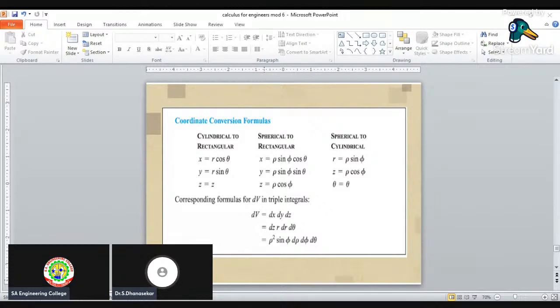The whole content for this class I'm taking from Stewart Calculus. If you want to understand the basics of multivariable calculus and basic differentiation and integration, we have many books.